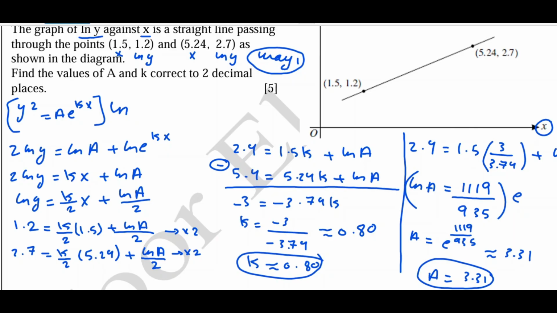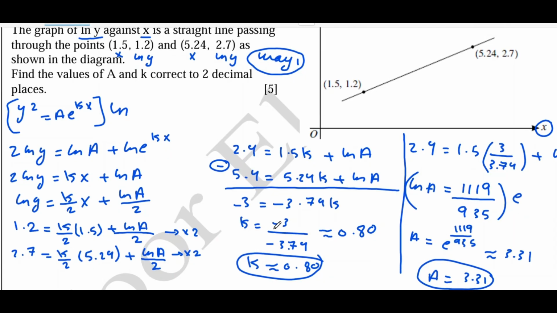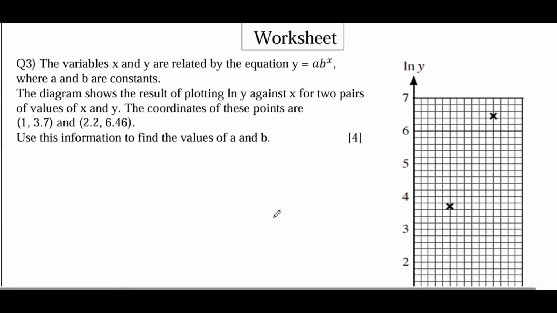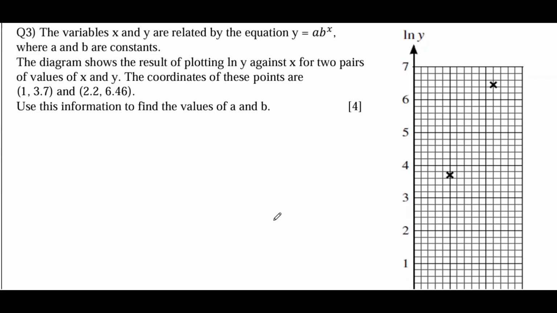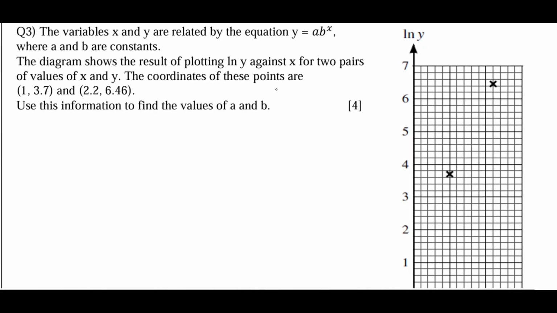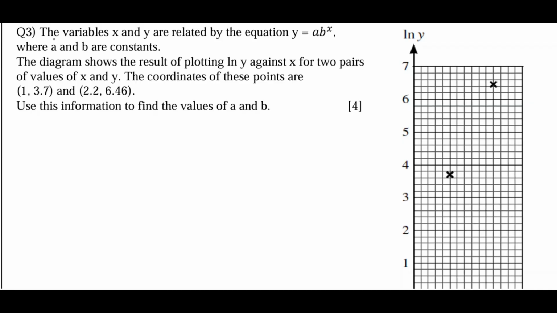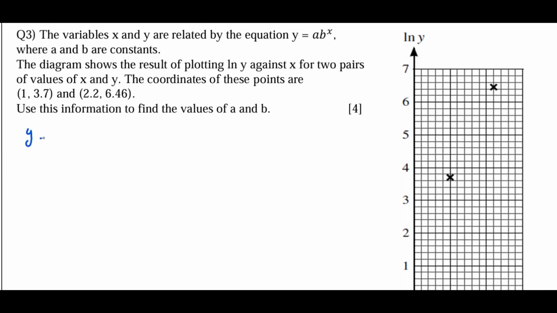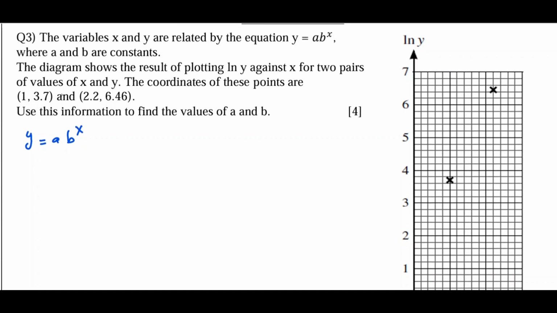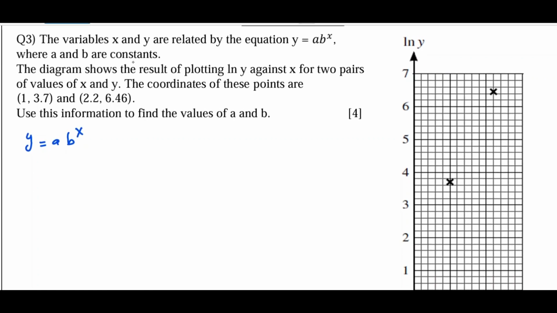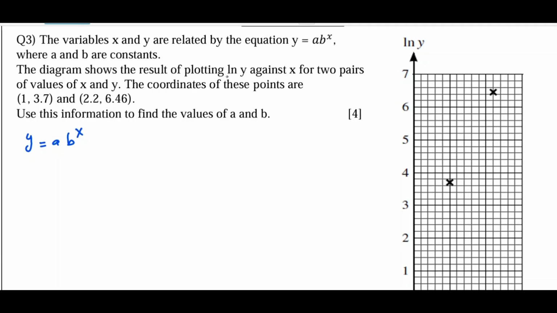Let's move to question number 3, and I'm going to solve it using way number 2. Let's read the question. The variables x and y are related by the equation y equals a times b to the power x, where a and b are constants. The diagram shows the result of plotting ln y against x, so the output is ln y and the input is x, for two pairs of values. The coordinates of these points are (1, 3.7) and (2.2, 6.46).